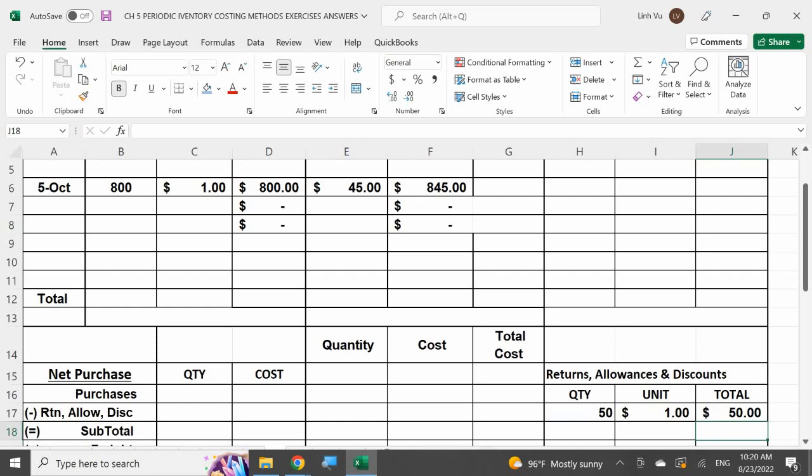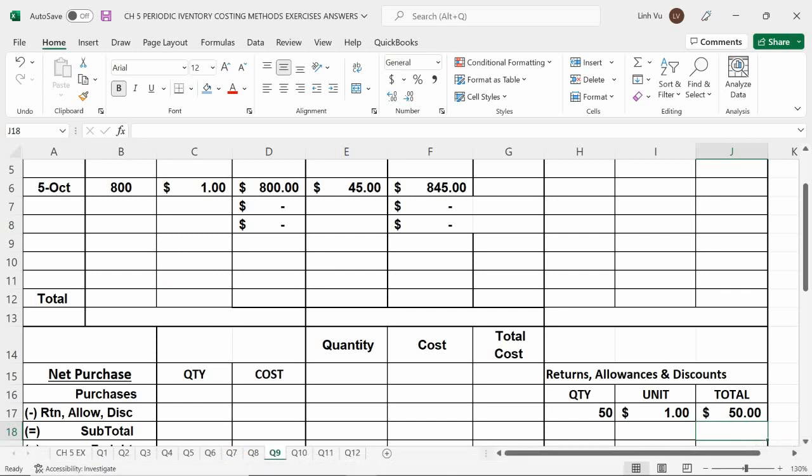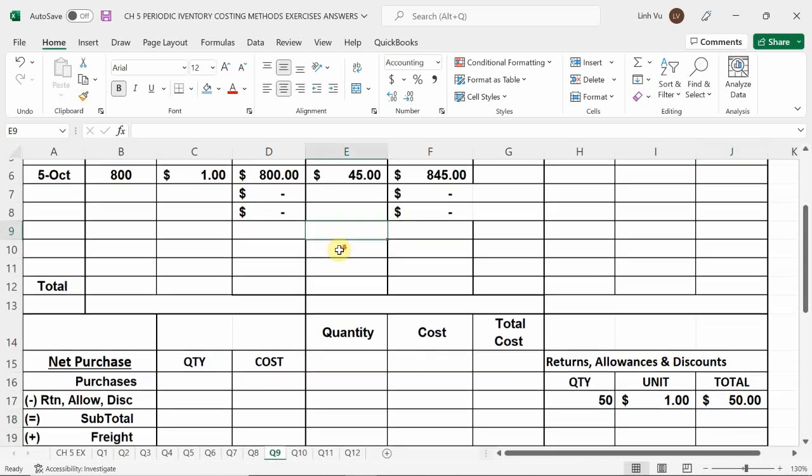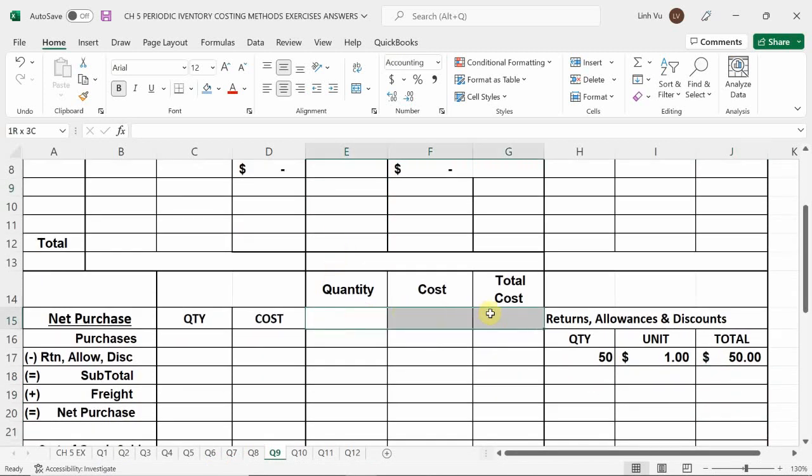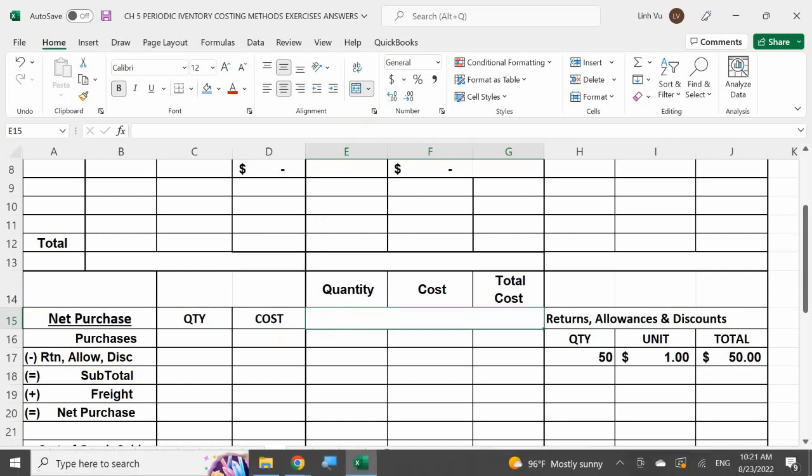For the first example, I'll go ahead and create that goods available table so you can keep track of it. But at the end of the day, you won't be needing to, okay? Because you're going to end up calculating what your total goods available is at the very end. But in this case, if you're curious, I'll go ahead and do it for you for this one right here. So goods available. Now again, in weighted average, we don't care to keep track of our inventory, right?